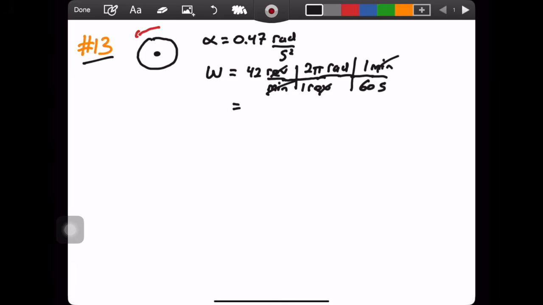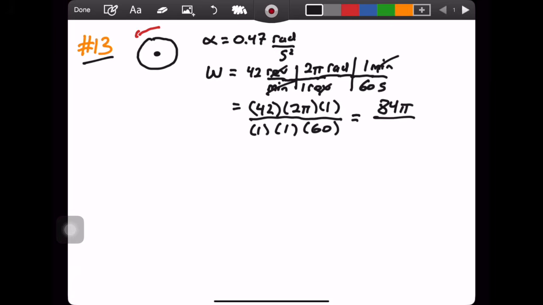So you would have 42 times 2 pi times 1, divided by 1 times 1 times 60. This would be equal to 84 pi divided by 60.